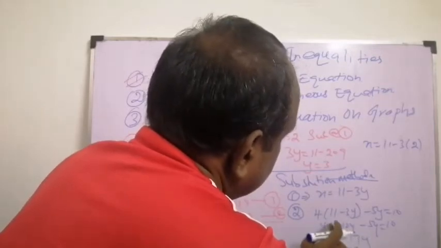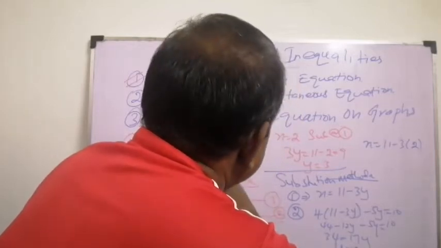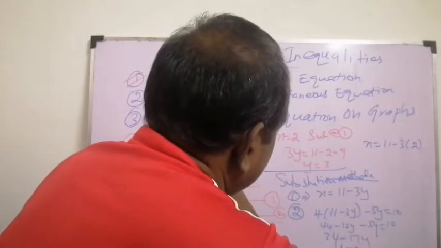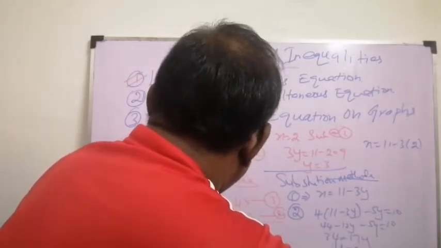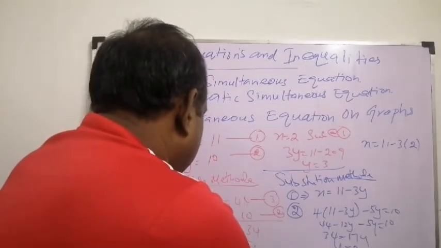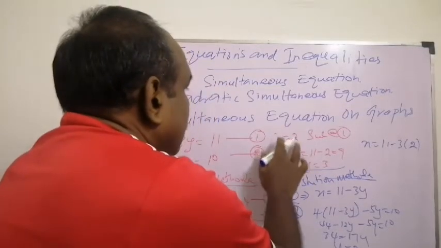Sorry, I made a mistake here. 4 into 11 minus 3y for the second equation, 44 minus 12y minus 5y, 17y. So y is equal to 2. Sorry, guys, y is equal to 2.